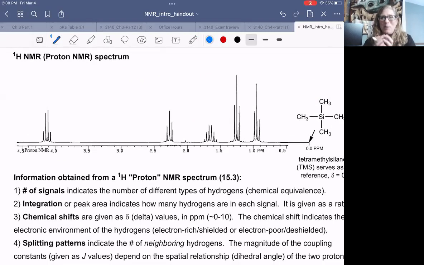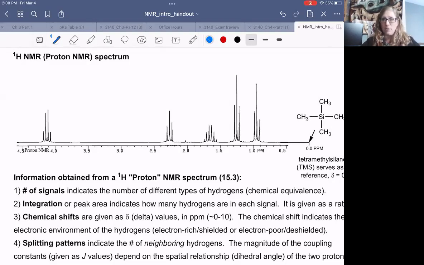We'll be able to use Proton NMR to actually not just say, like IR says, oh, it's some kind of alcohol. Like, that's great. I don't know which alcohol, but I know it's an alcohol. It has an OH group. We're now going to be able to use Proton NMR to come up with an exact structure, even for very complex molecules. It's really an amazingly powerful technique.